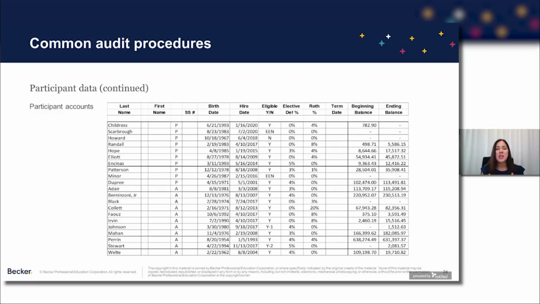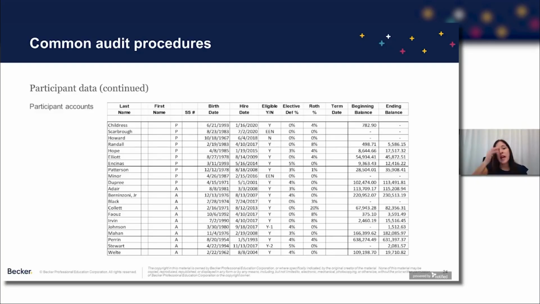The confirmation, we're expecting that individual to go back to their records for that period of time and confirm that information. Now, they all should obviously know their birth date and hire date, but those deferral percentages and their investment allocation percentages, they may not go all the way back to that period of time because maybe none of that has changed for the last 12, 18 months.